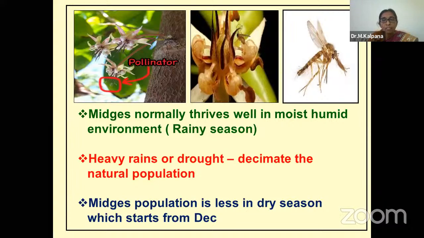Like this, the quality will be poor in the crop harvested during the rainy season because of lack of pollinators, which leads to less pollination, thus reducing the yields during the rainy season.